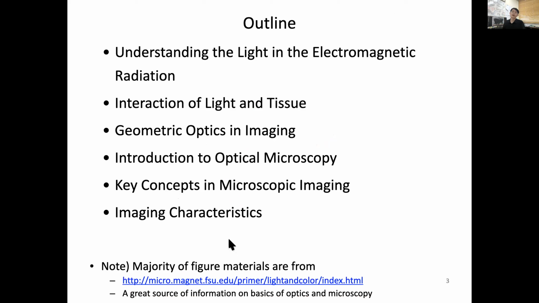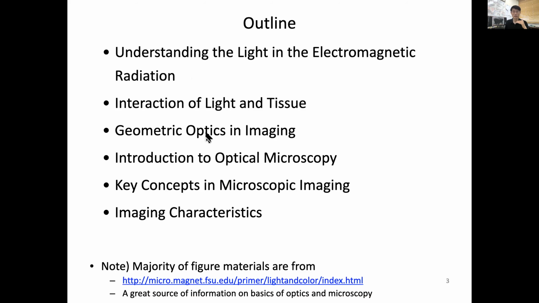All right, so here I'm trying to provide, in 1 week of lecture, what would be a semester's worth, only the core concepts. What we want to cover is first to understand light as electromagnetic radiation. Also, in biomedical application, we want to study how light interacts with tissue. The basis of using light for imaging is geometric optics, so we'll cover that.